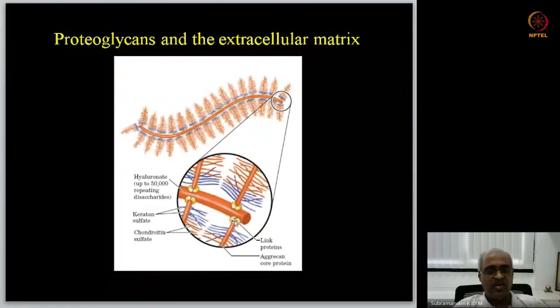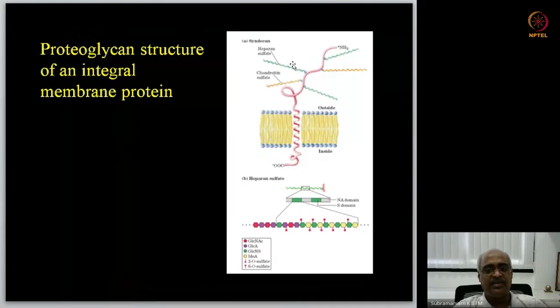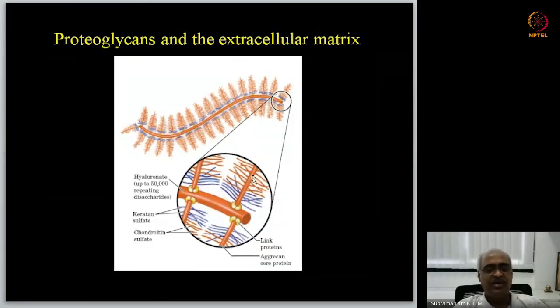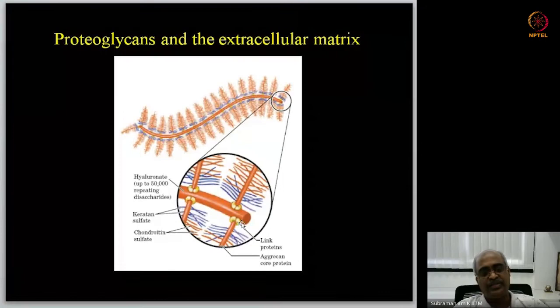See, these are long rod-shaped molecules, and instead of having 2 chondroitin sulfate and 3 heparan sulfate, these have several of them attached. Okay, and such long core aggrecan with multiple chondroitin sulfate and keratan sulfate attached are again connected to this long hyaluronic acid and held in place by link proteins.